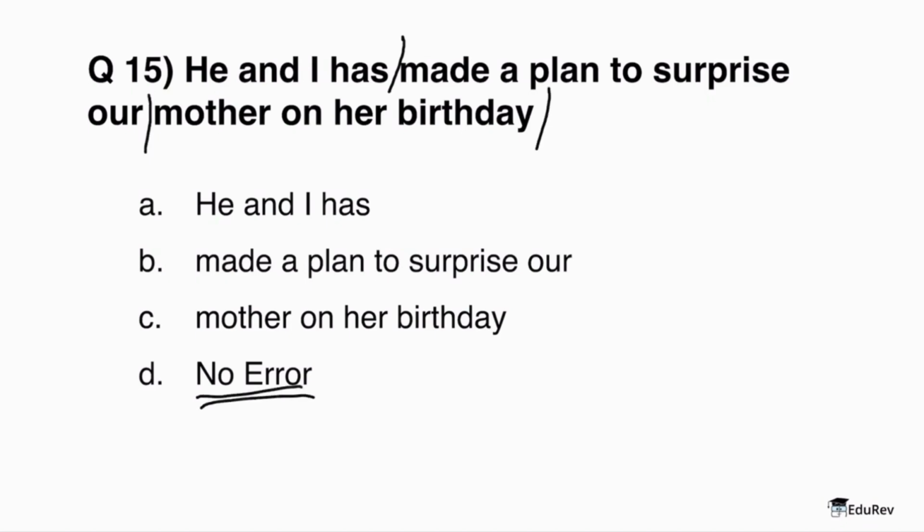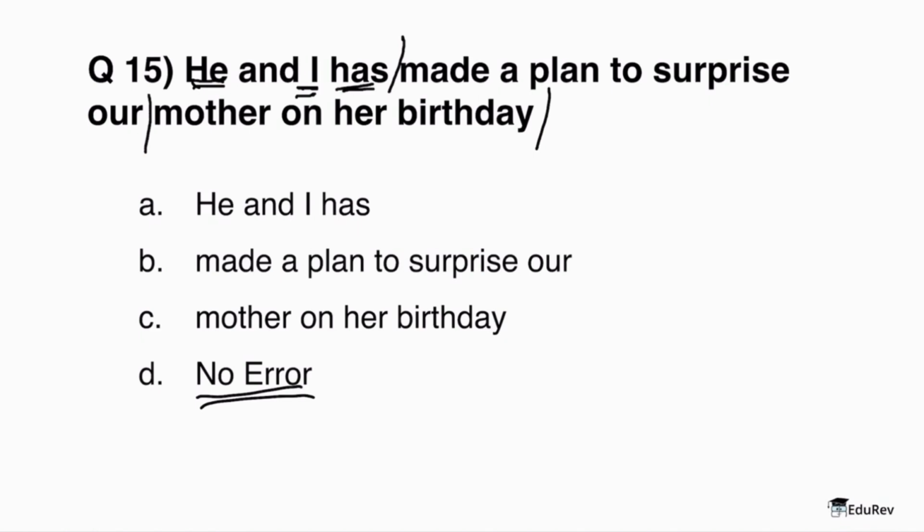As we have already learned, whenever two nouns or two pronouns are joined by and, the verb is kept in plural form. So when two singular pronouns are joined by and, the verb has to be put in plural form. Here, instead of has, have would have been the correct way.